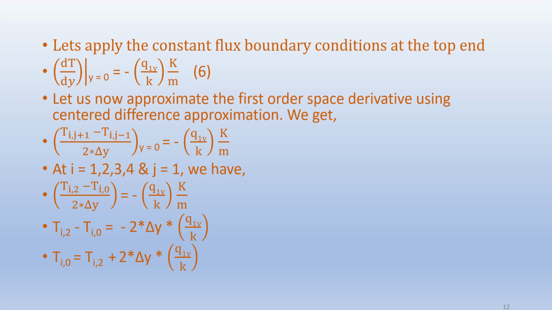At i equals 1, 2, 3, 4 and j equals 1, we have (T_i2 - T_i0)/(2Δy) = -q_1y/k. Rearranging, T_i2 - T_i0 = -2Δy q_1y/k, or T_i0 = T_i2 + 2Δy q_1y/k.